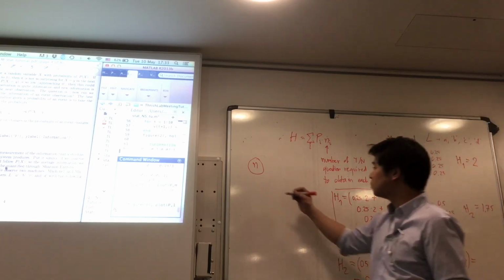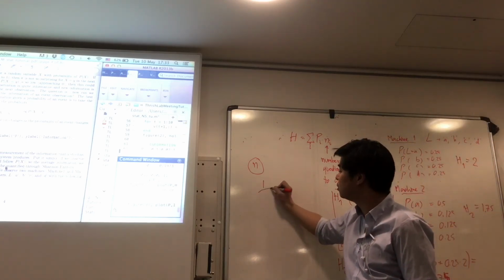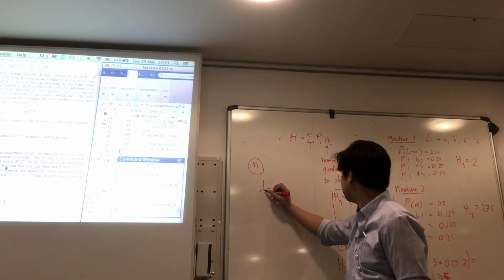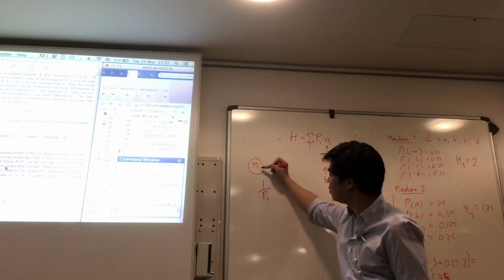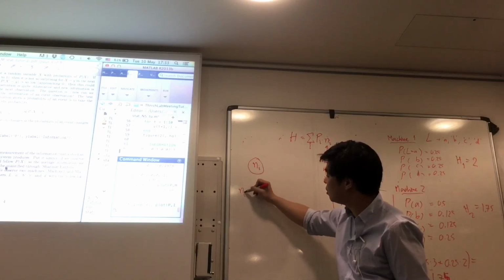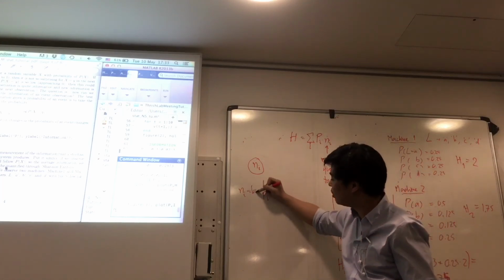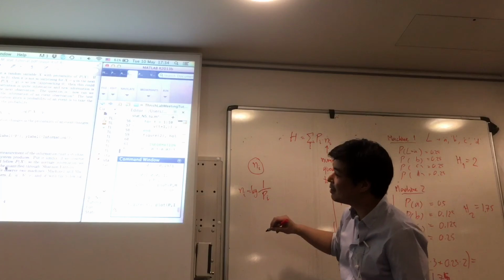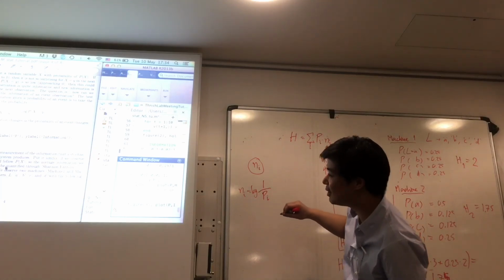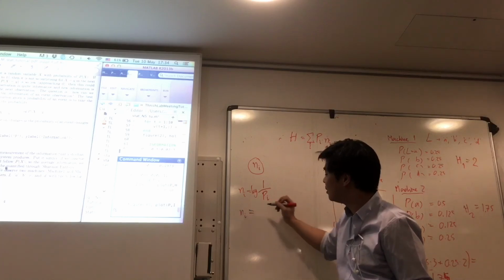Was it by the ratio of the probability? Say the logarithm. So some kind of ratio of the probability. I think it's a logarithm.